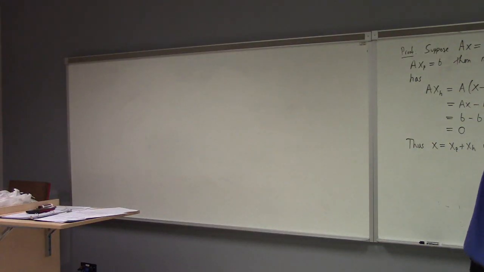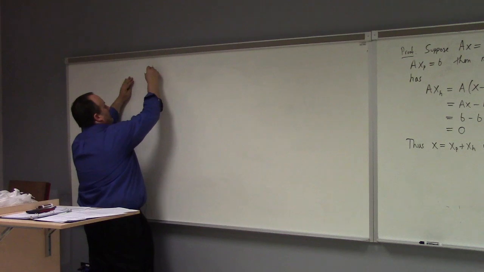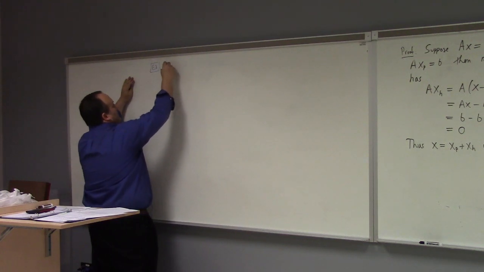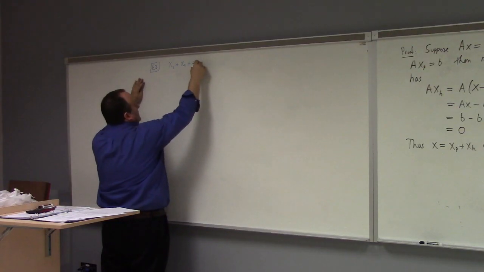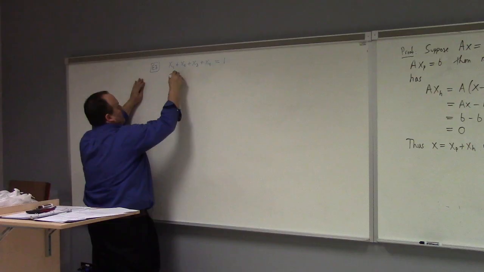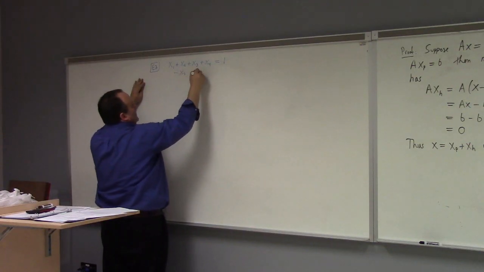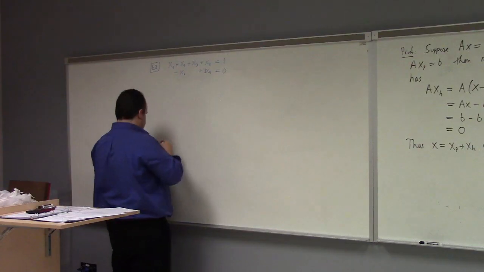So example 3: how about we want to solve x1 plus x2 plus x3 plus x4 equals 1, and minus x2 plus 3x4 equals 0.